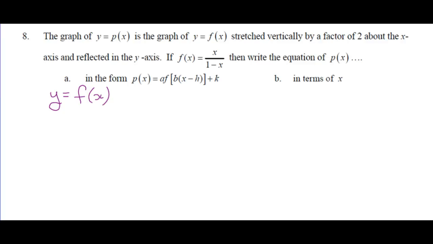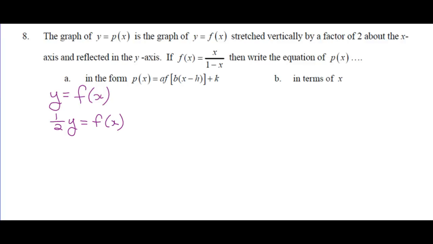What's replaced with what? Y, 1/2 y. Okay. Then what about this? And reflected in the y-axis. Reflected in the y-axis will be negative x, right?